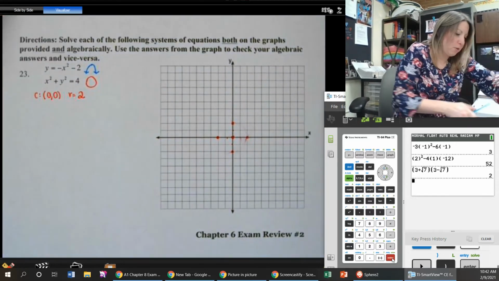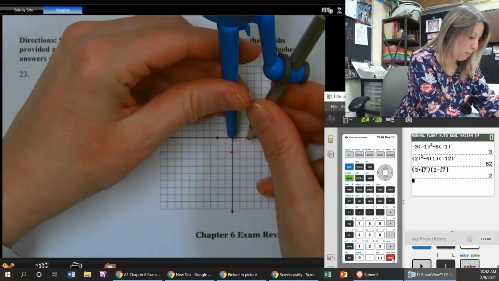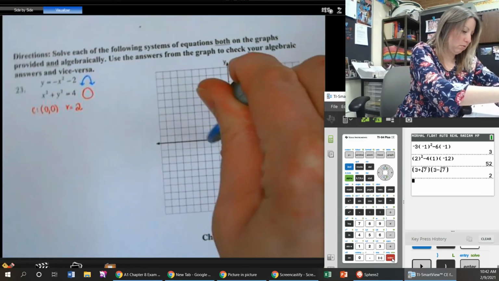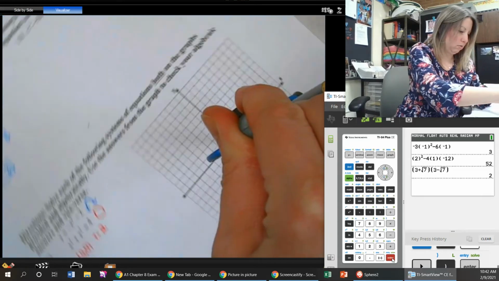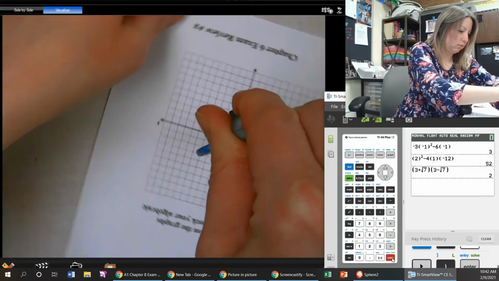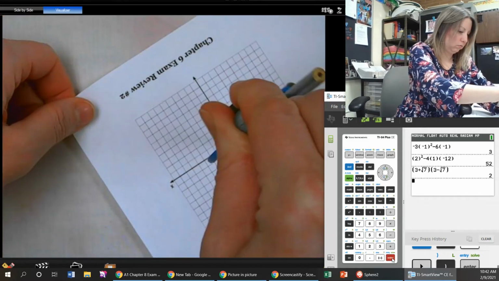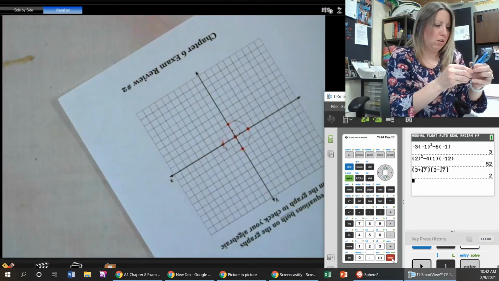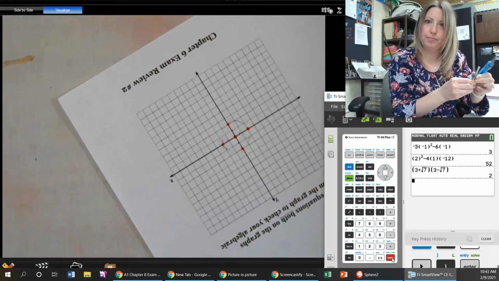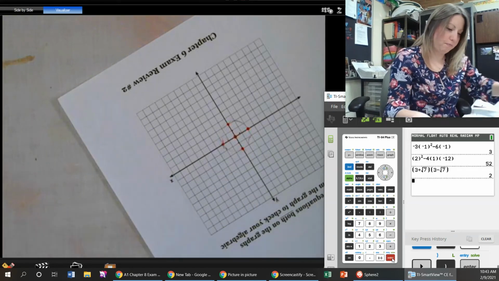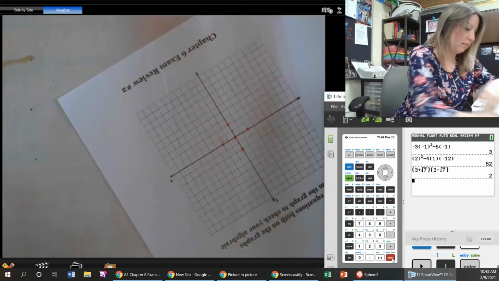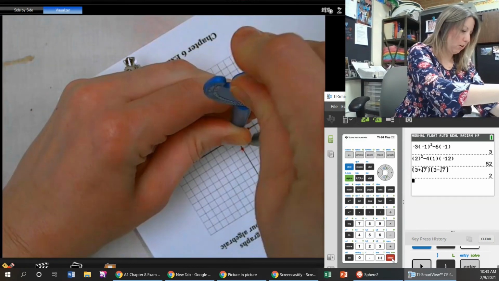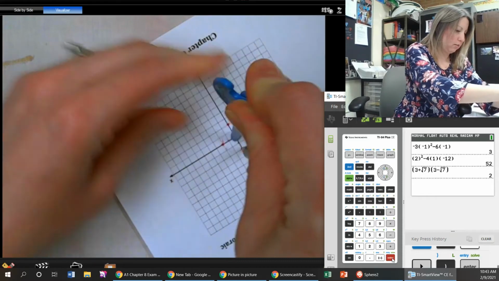I'm going to move this paper from underneath and maybe that'll help. Sloppy, sloppy. Okay. It's not even touching. Let's try this again. At this point, I'd be better off drawing myself a little diamond, right?